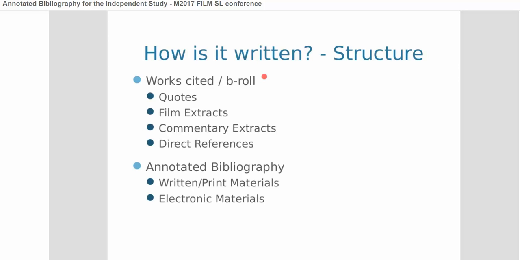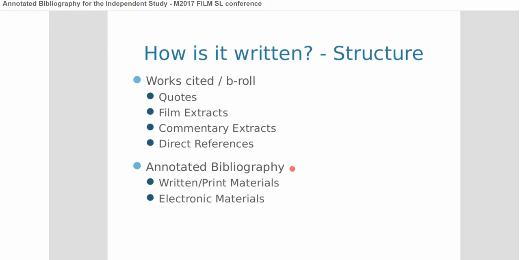The example that we're going to look at here starts off with the works cited, or as Mr. Toombs refers to it in his live session, the B-roll, which would be excerpts, quotes, commentary extracts, direct references, any one of those things that is directly referred to or cited within the script.